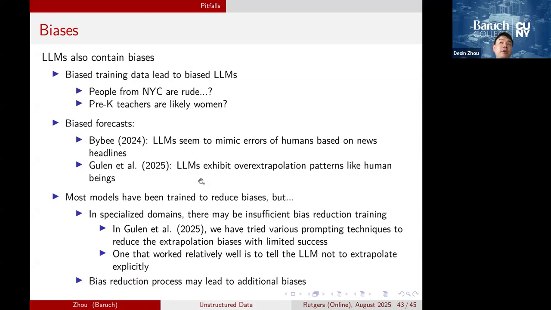We find that if you give large language models a bunch of return data and ask them to predict future returns, the predictions have extrapolation tendencies, very much like humans. Most of these models have been trained to reduce biases, and as I mentioned, some of these biases cannot be completely removed.